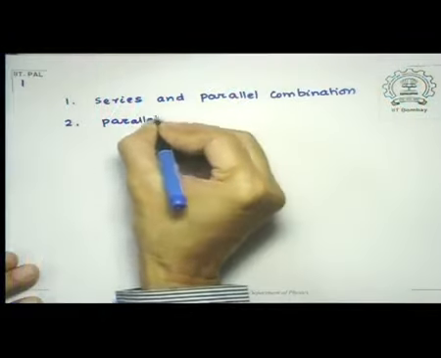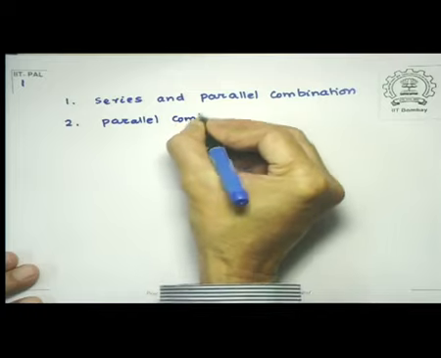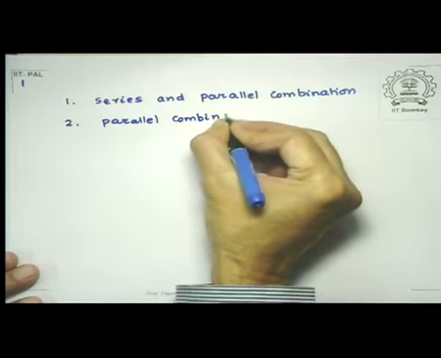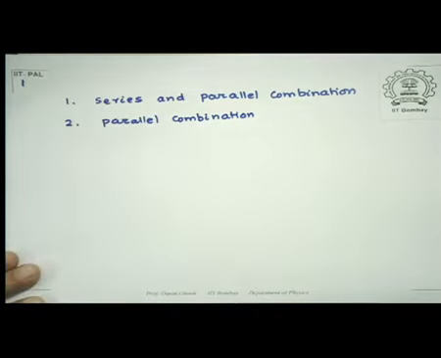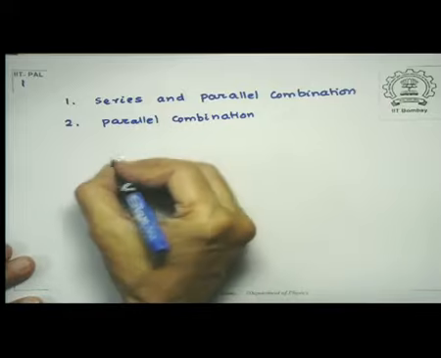So the way it works is this, that we defined parallel combination as a collection of resistances in which the arrangement is such that the voltage across any member of the combination is the same.